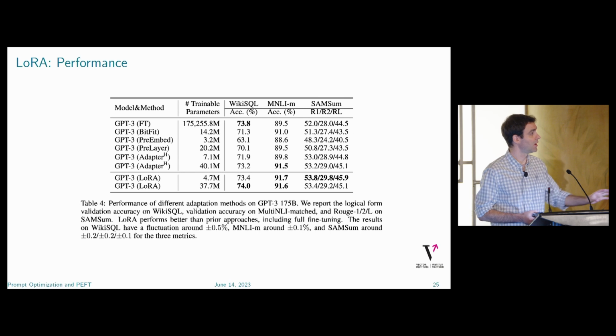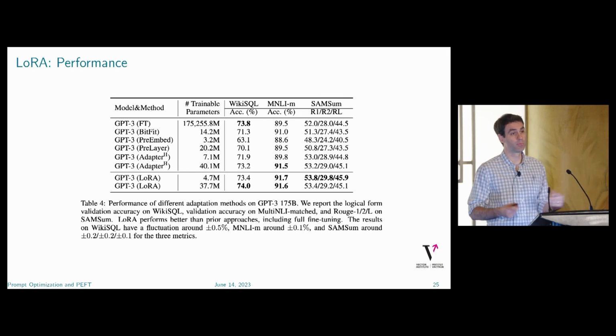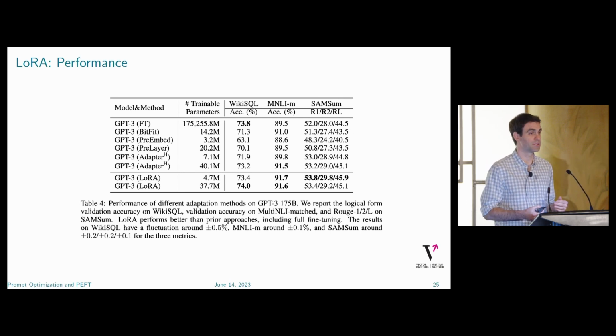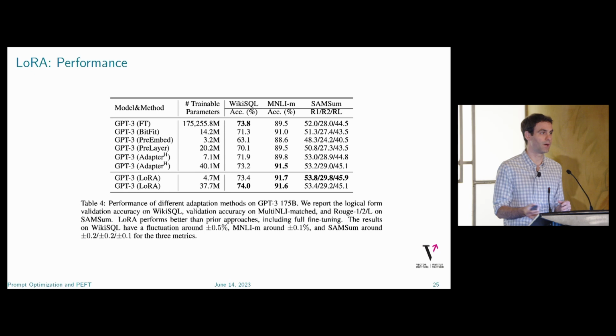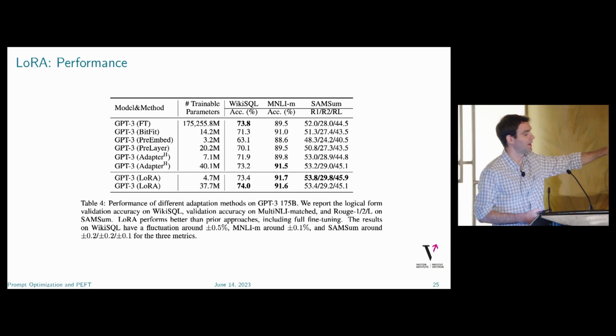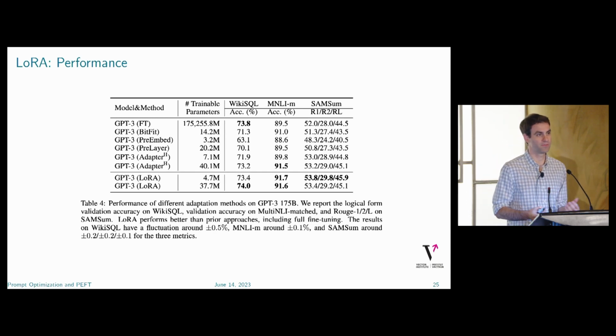Still extremely small. And LoRA, in this case, outperforms, by quite a fair margin in certain scenarios, fine-tuning of GPT-3 and some of the other methods that we talked about. So pre-embed and pre-layer are the prompt tuning and p-tuning approaches that we already talked about. An adapter is another sort of efficient fine-tuning method.